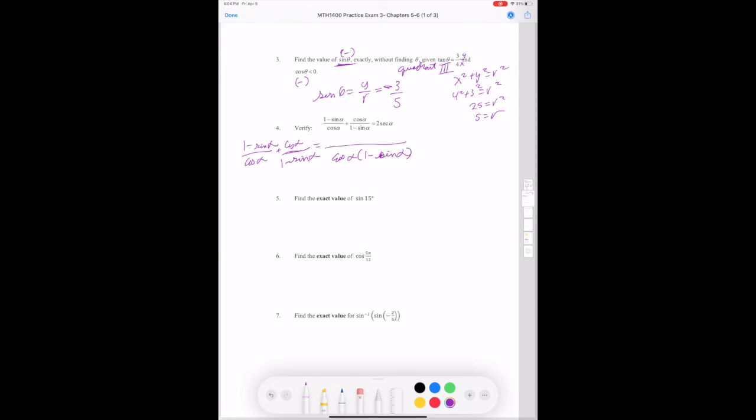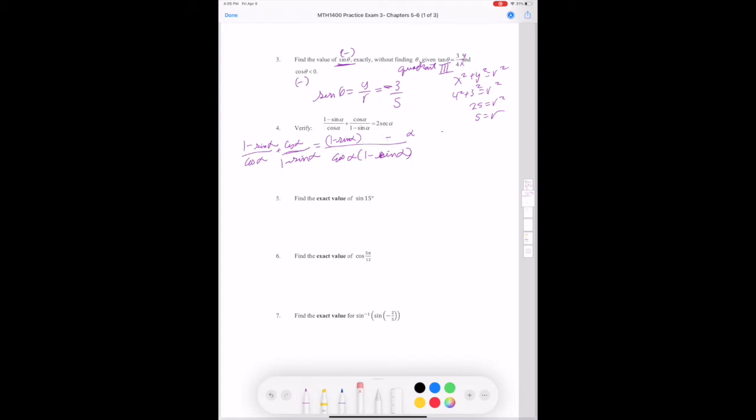That gives me 1 minus sine alpha squared plus cosine alpha times cosine alpha. I messed that up.